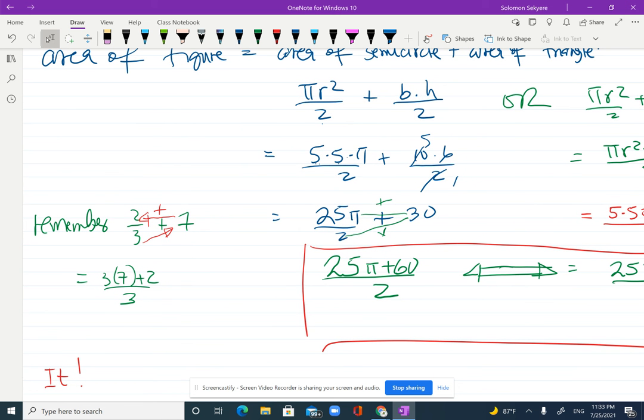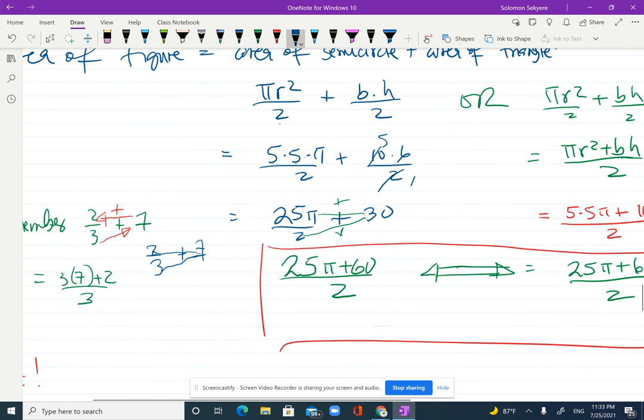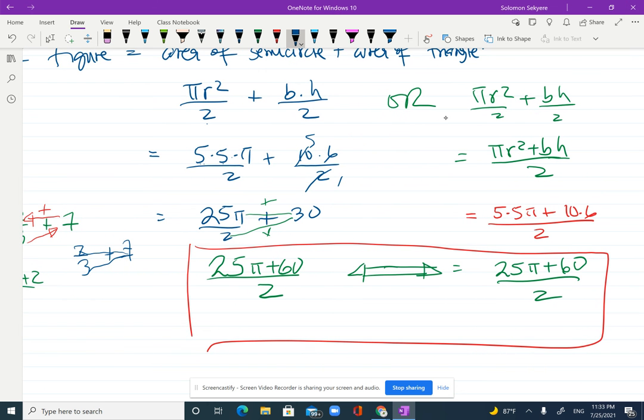And then we can put that together. Remember how to put 2 over 3 plus, let's say, 7? You multiply the denominator by this whole number and then add 2, and everything over 3. The same thing over here. If you want to put this as a single fraction, it's 2 times 30 plus 25 pi, divided by 2. That's your answer.